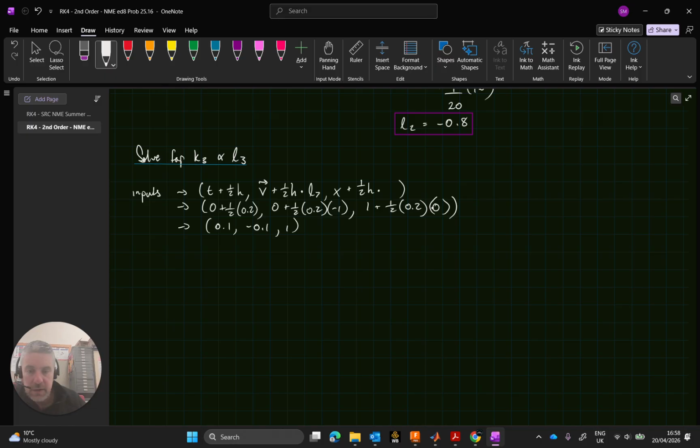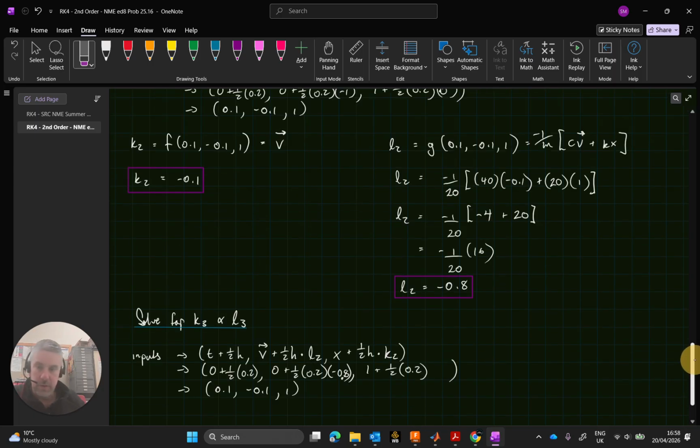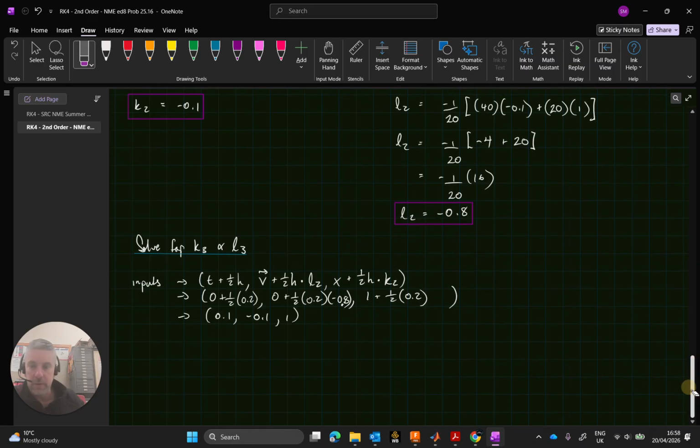I'm going to be using L2 and K2. So T stays the same. This minus 1 that was in for L2, we need to change that. That becomes minus 0.8. And then our K2 value is no longer 0. Our K2 value is minus 0.1. See up here.